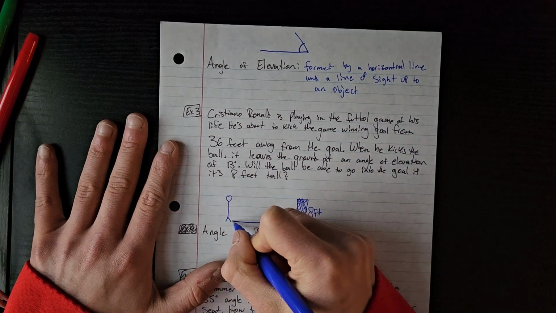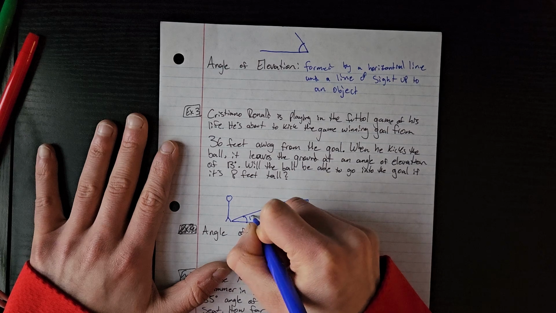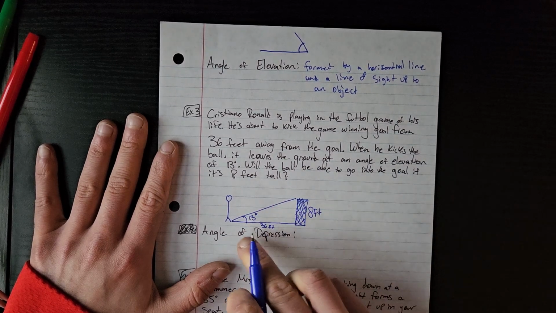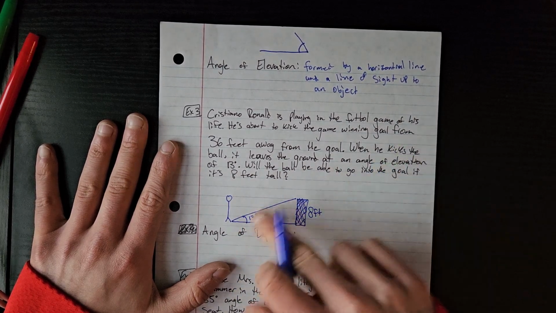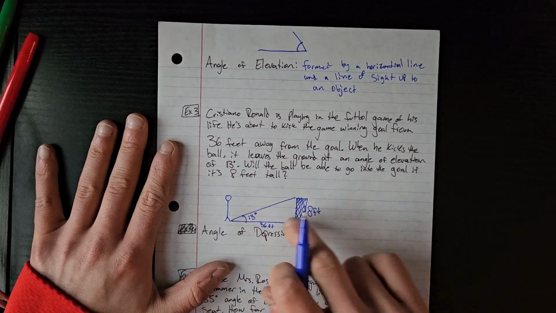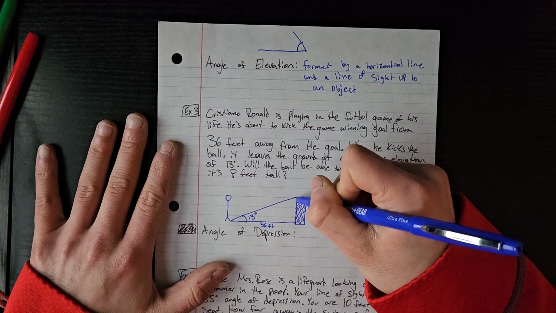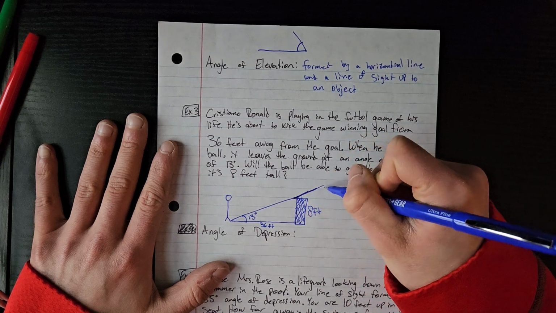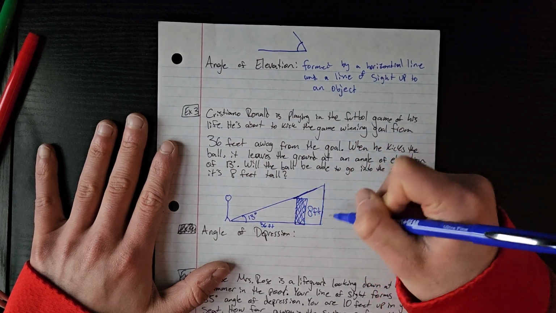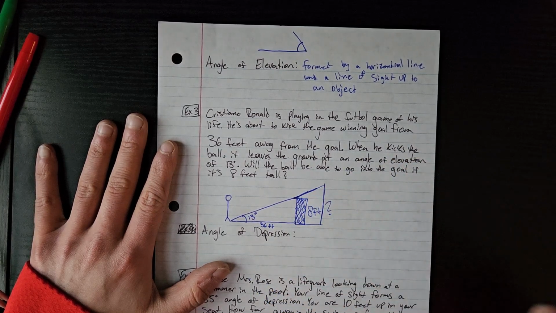But I kick the ball at an angle of 13 degrees. I don't know how high this ball is going, so I want to know if it's going to go over this 8-foot goal. So my initial goal is to find out how high this ball is going. So it could be higher than the goal, we don't know.